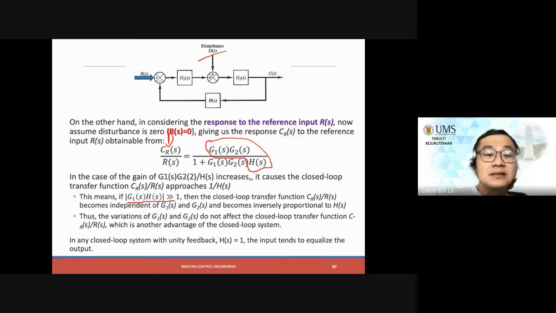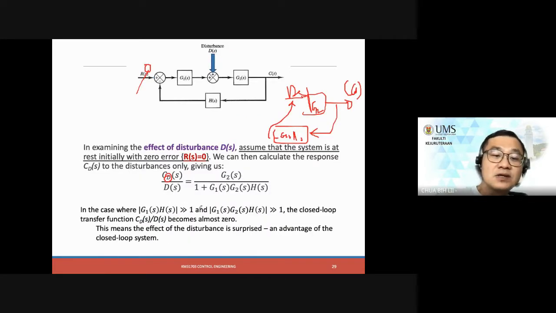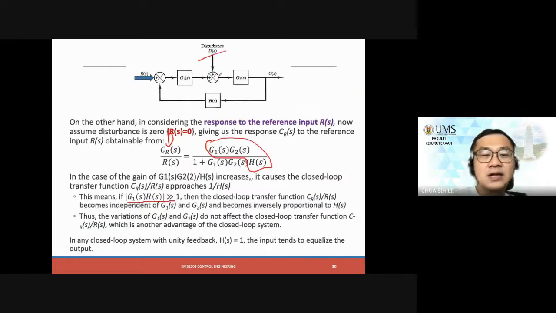Then for the closed loop transfer function, as you can see, if we increase this G1 and H much larger than 1, the disturbance can be somehow ignored. At the same time, the closed loop transfer function will be mainly independent, or inversely proportional to the 1 over H. So this is the idea of why we could increase this one much higher than one, because maybe H we cannot increase much.